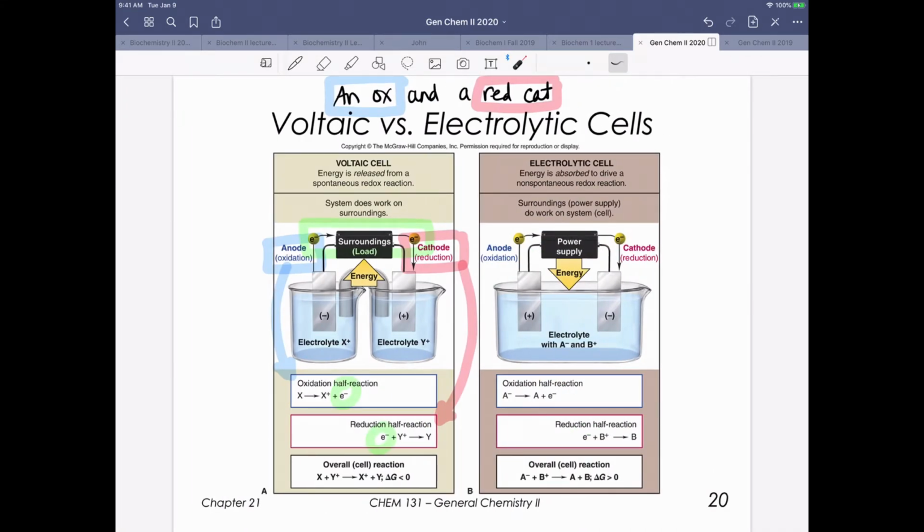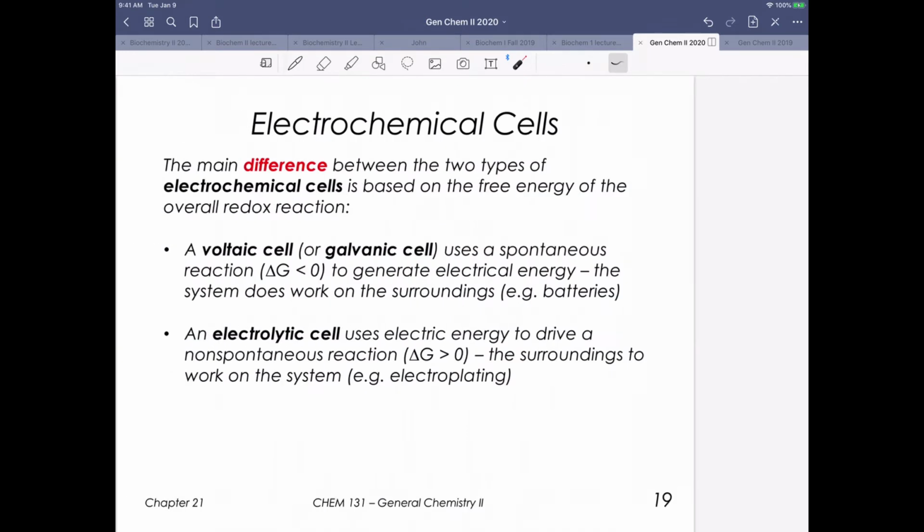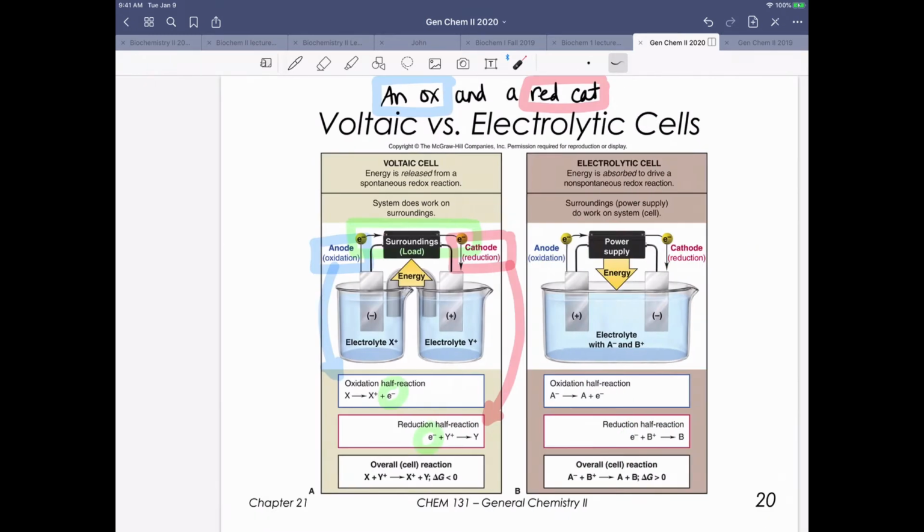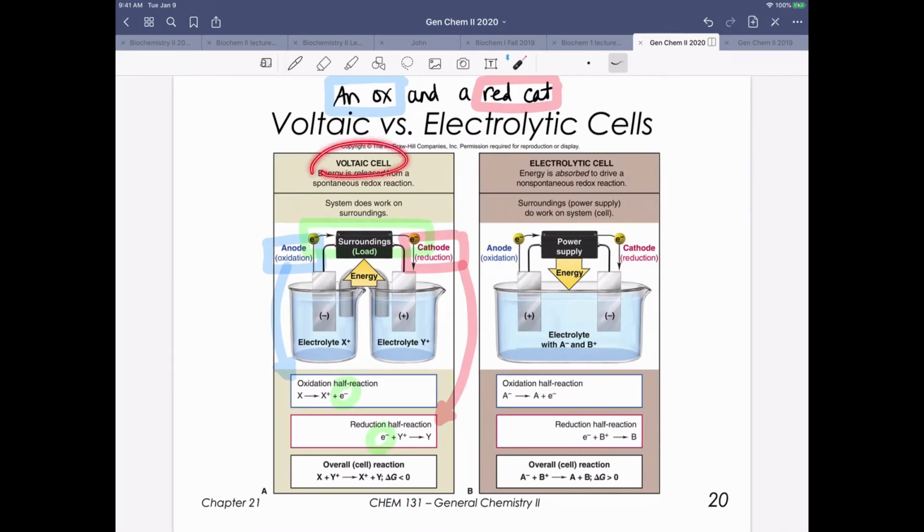All right, so here are some pictures highlighting the difference between these 2 types of electrochemical cells. We've got a Voltaic cell. This is the one we're going to focus on. What we can see here is that we split the half reactions into 2 separate compartments. Rather than trading their electrons directly in the shared solution, the electrons have to pass through a wire.